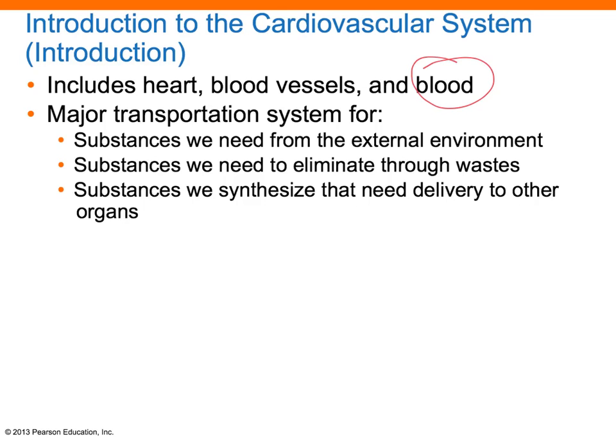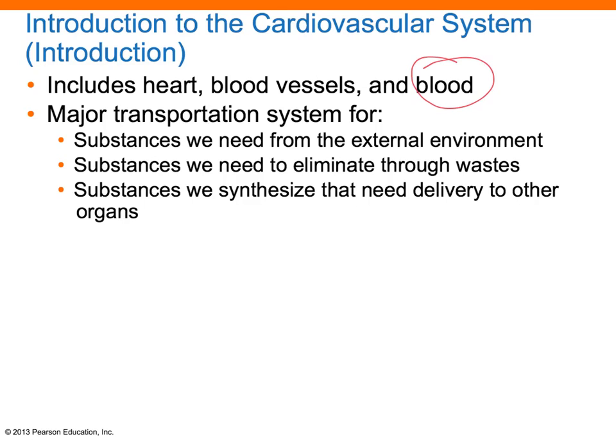And sometimes we need to take substances from our internal environment and eliminate them through waste, and the cardiovascular system plays a role in that. Also, whenever substances are made by our cells, they need to be delivered to other parts of the body or to other organs, and it is the cardiovascular system that is able to accomplish that.